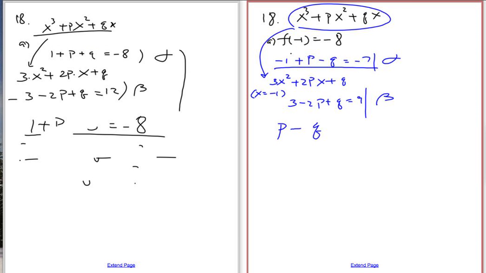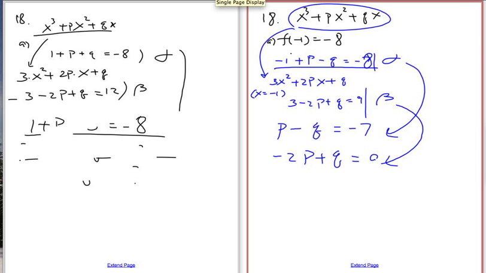Now, p minus q equals -7, and -2p plus q gives us a value of 9.